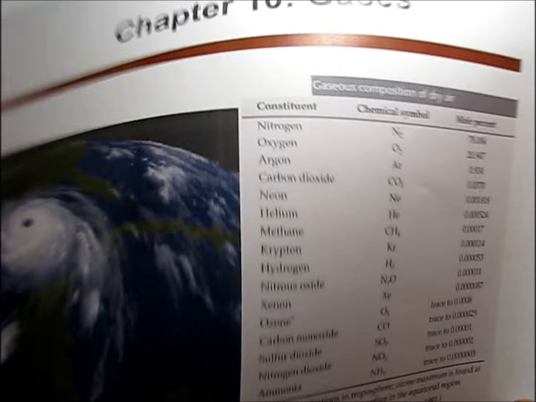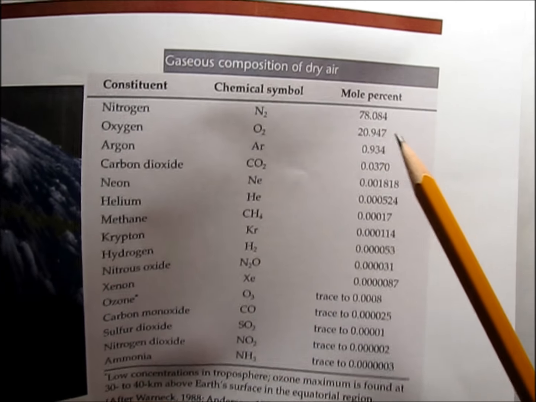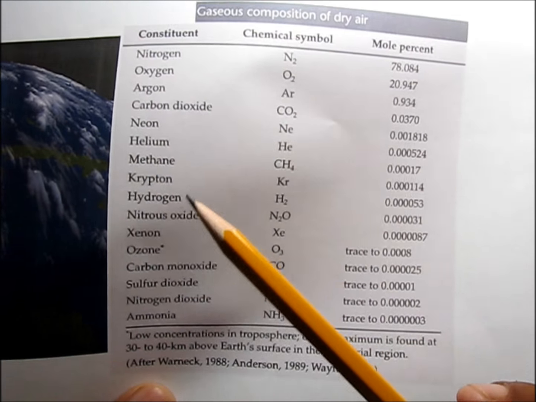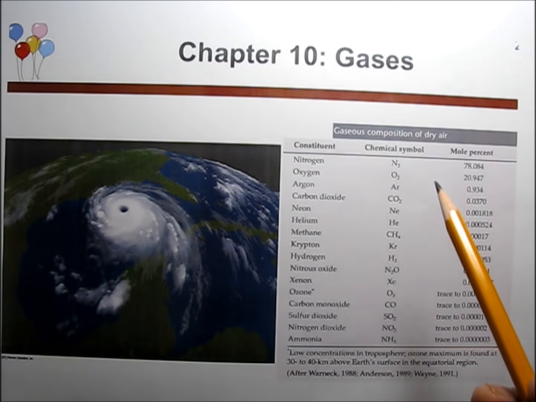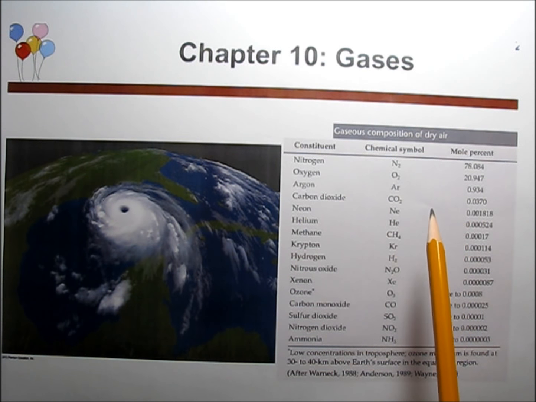The major components of air are nitrogen and oxygen gas, which are 78% and 20%, and the remaining gases are in very small, rare quantities. So this is air, which is a mixture of several gases.